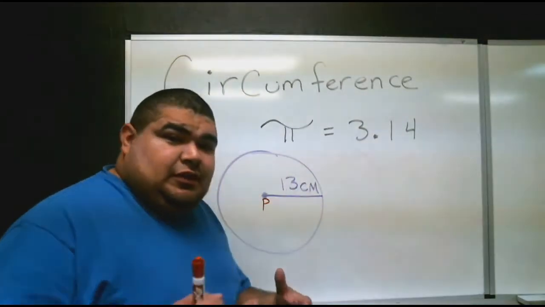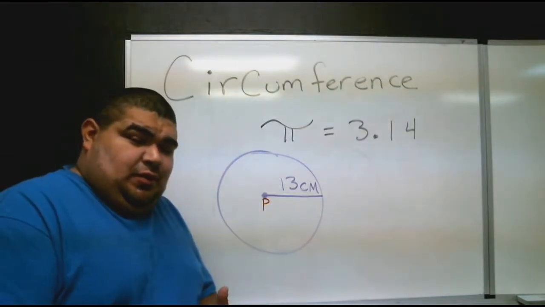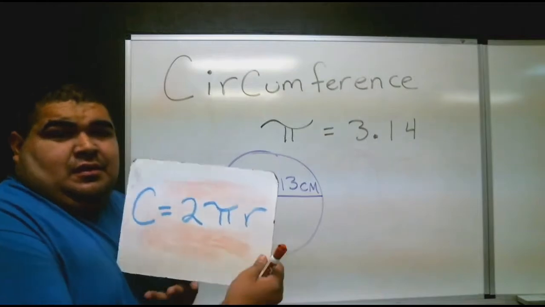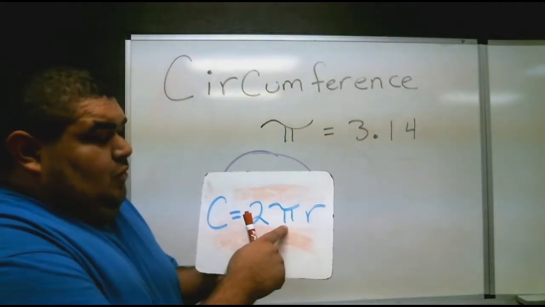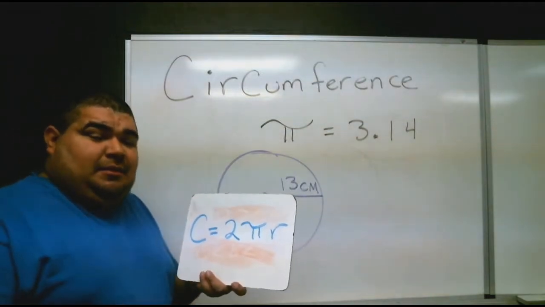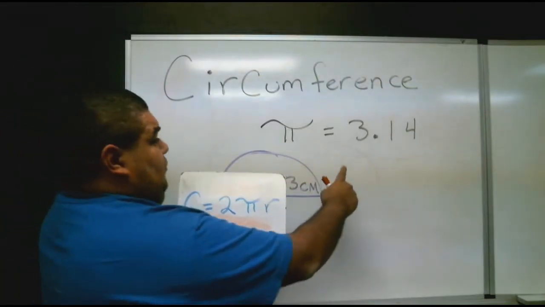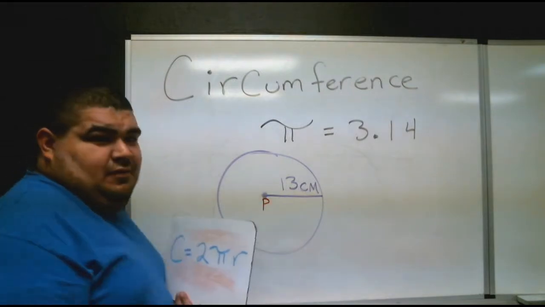Again, we're going to use either one of the equations. I'm going to show you with both, first with the first one, then with the second one. So the first one I'm going to pick is circumference equals 2 pi r. The way we're going to write it is exactly the same. The only thing we're going to plug in differently is the pi, which is 3.14, and our radius, which in this case is 13.